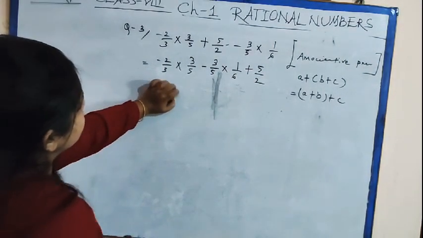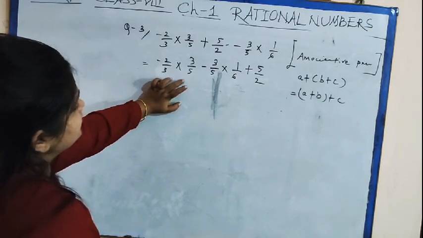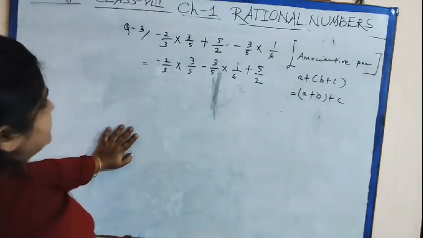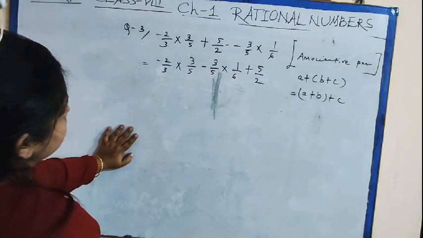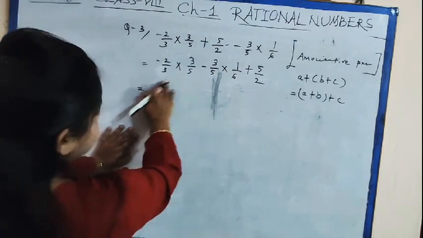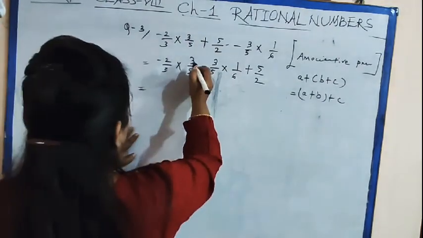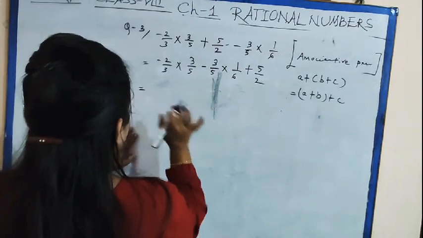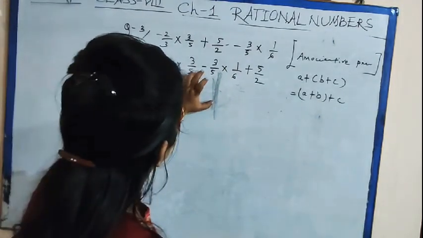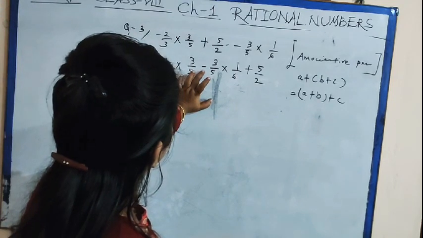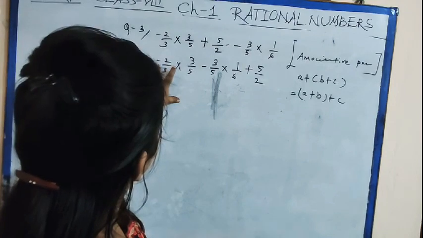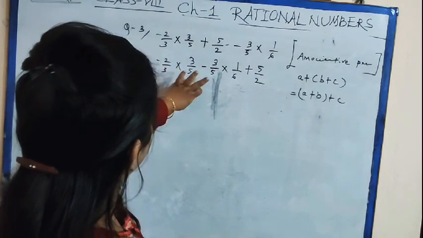Okay, now the next property is the distributive property, because one rational number is repeated. Yes or no? So next use the distributive property. If you take 3 by 5 common, what is the remaining number? Notice that this is a negative number and this is also negative, so better you take minus 3 by 5 as common.